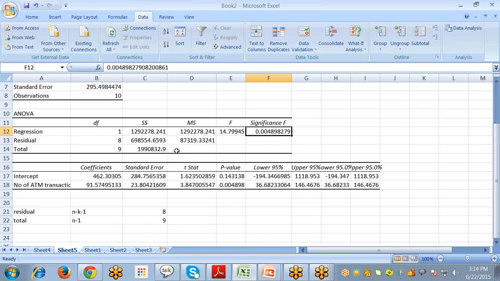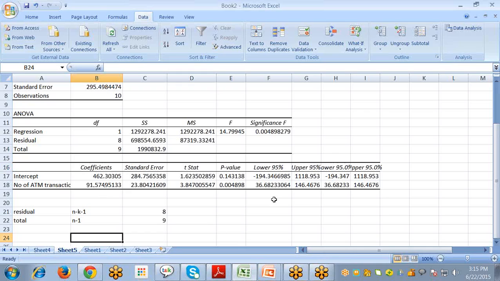So this is what the first table denotes, and the next table provides the coefficients. We have two coefficients, A and B. A is the intercept, and the value for A is 462, and B is for the number of transactions, and here it is 91.57.